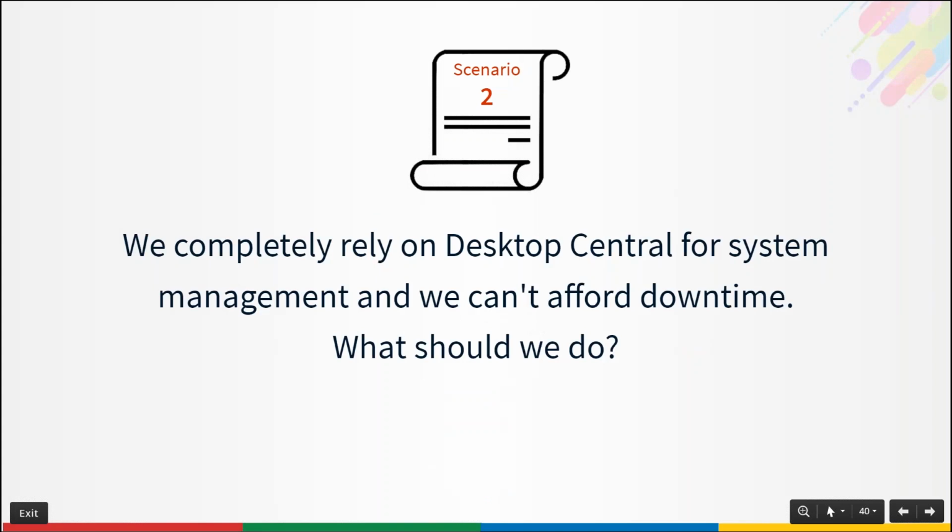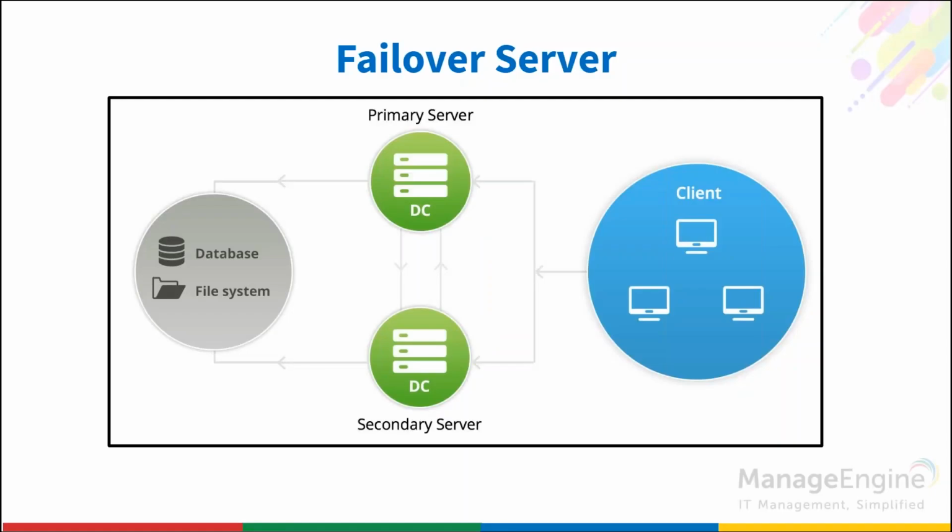We completely rely on Desktop Central for system management, and we cannot afford downtime. What should we do? You can use a failover server. It is an additional component. And you can have a primary and secondary server. And you have a database and file system, which are nothing but repositories hosted on a remote computer, like a network share.